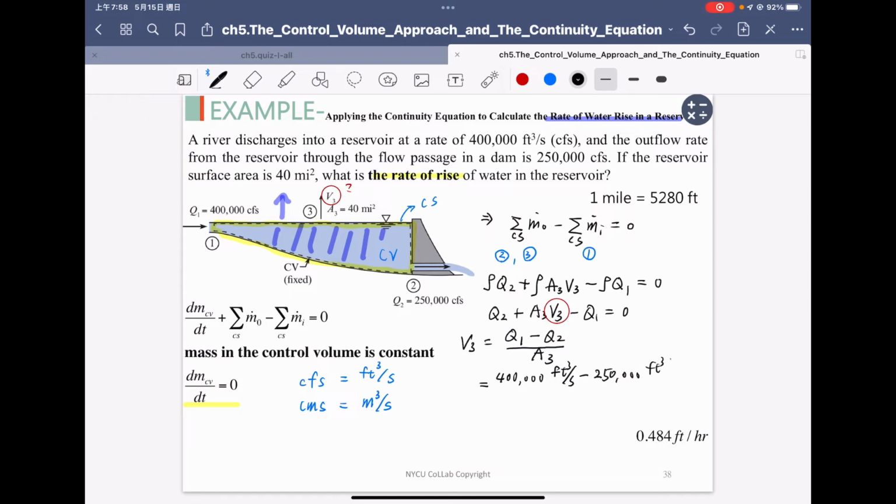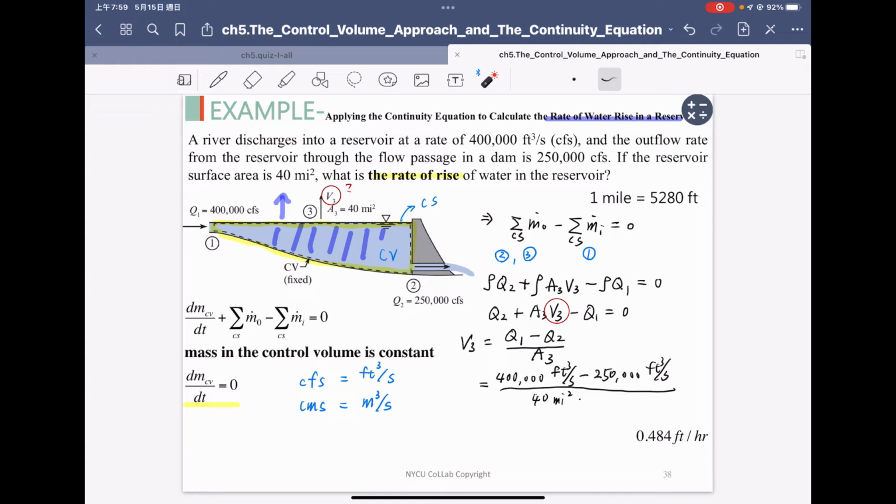cubic feet per second, divided by the total area, the water surface area, which is 14 square miles. And then we know that 1 mile will equal 5280 feet.